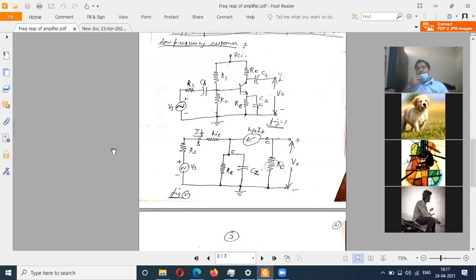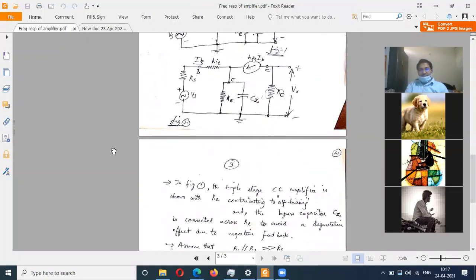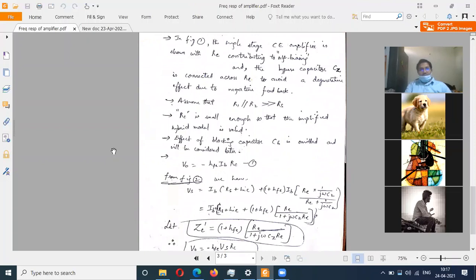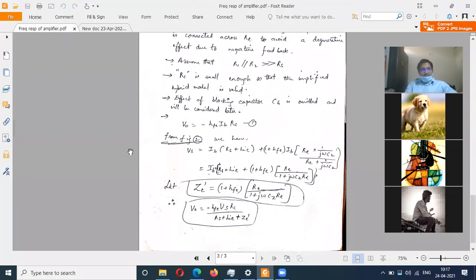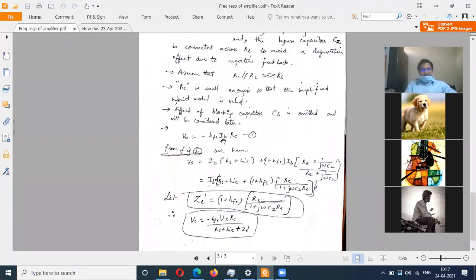Very easy question. Ohm's law. Minus hfe IB into RC. Very good. V naught is minus hfe IB into RC.